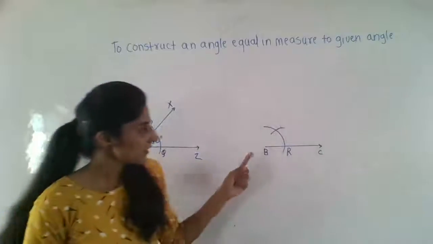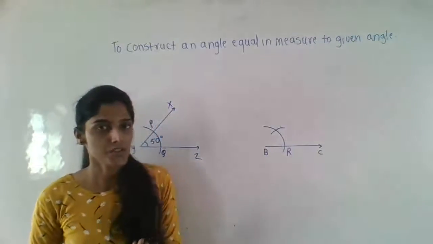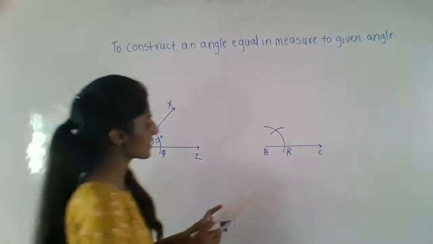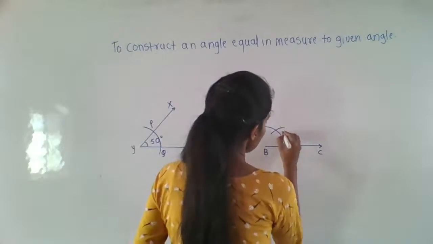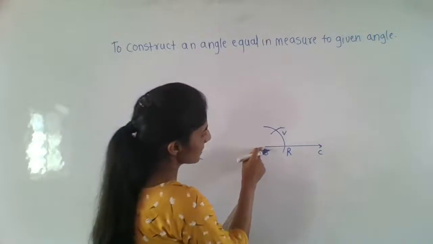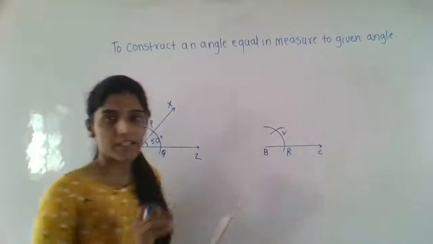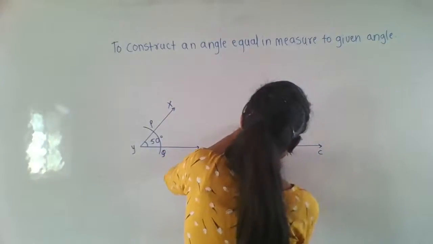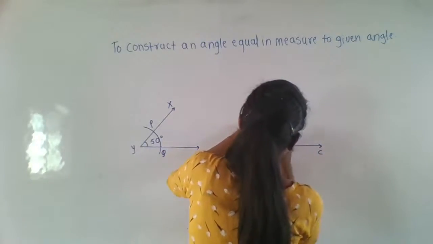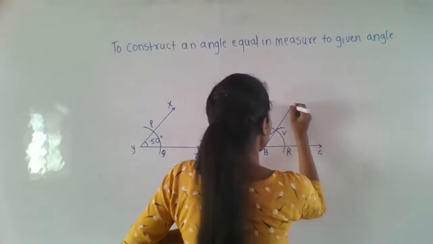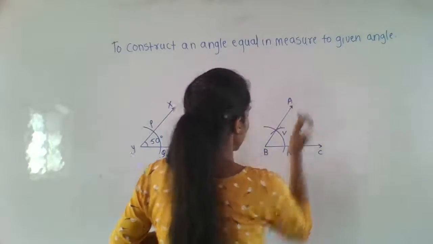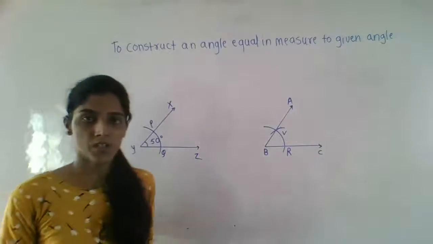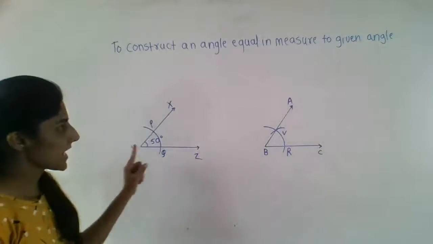Name the point of intersection V, and join this vertex and the intersection point of the arcs. This is our angle ABC which is exactly equal in measure to the given angle XYZ.